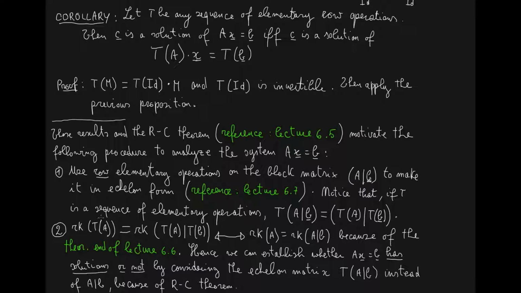The new matrices are T of A and the block matrix T of A slash T of B. So we can establish whether AX equals B has a solution or not by considering the echelon matrix T of A slash B instead of A slash B because of the RC theorem.